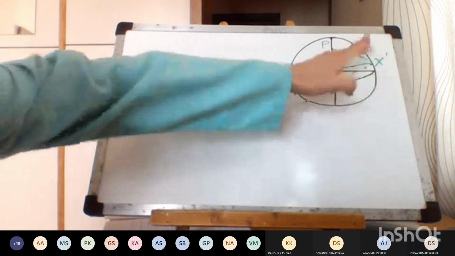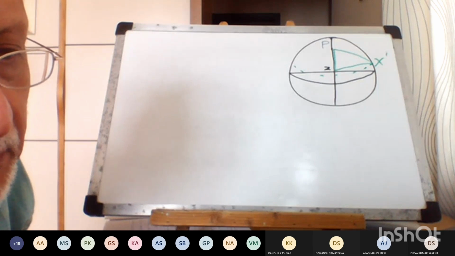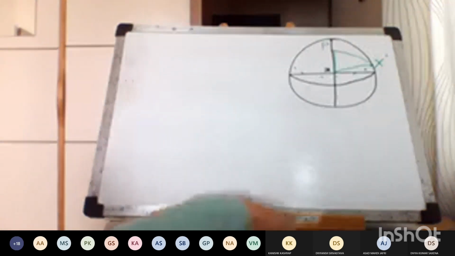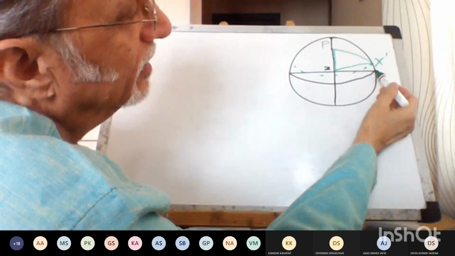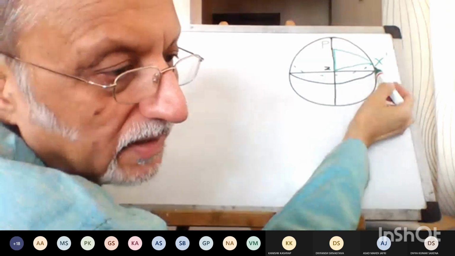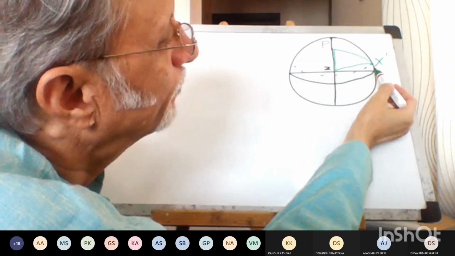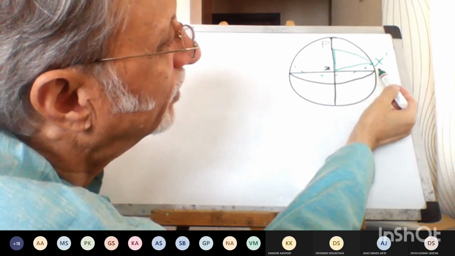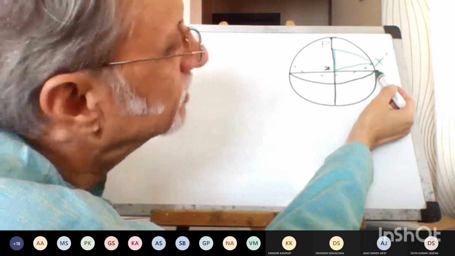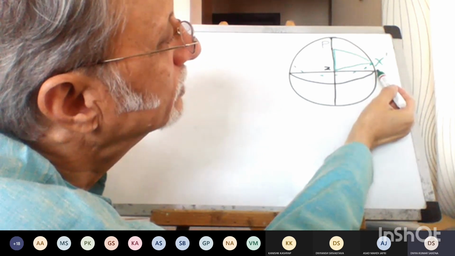So if the body is above the equinoctial, then PX cannot be 90. If the body would have been on the equinoctial, zero declination, if this body would have been here, risen here, then PX dash would have been 90. In that case, what else would have been 90? If the body would have been here, then the azimuth would be 90.